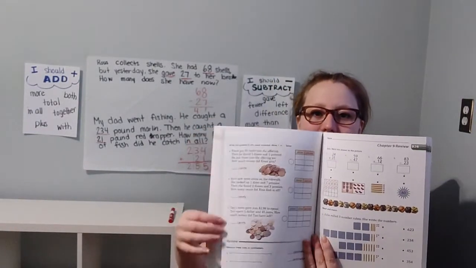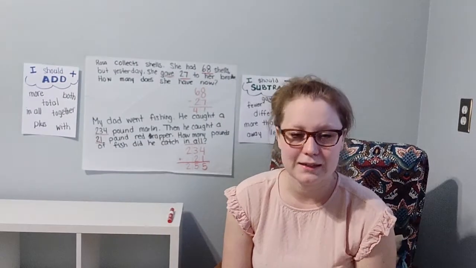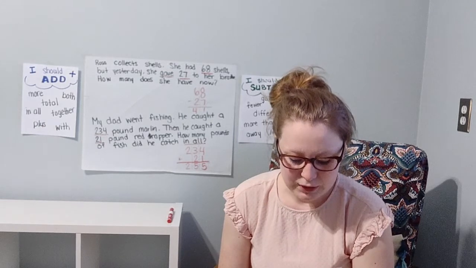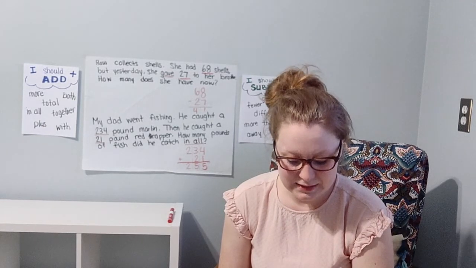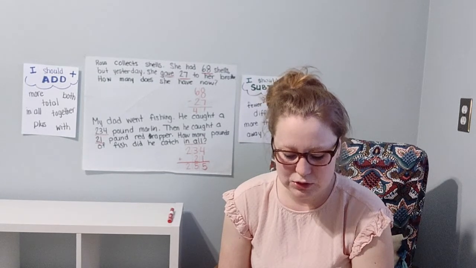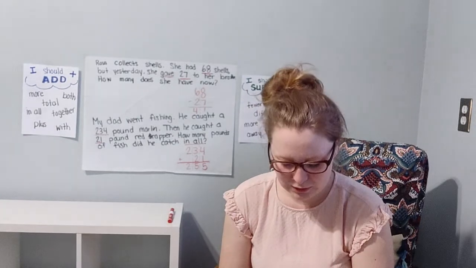On the next page, you have a couple more of the exact same type of questions, and I'll read them to you again. It says, Emmett put 65 cents into the offering. Then he found 3 dimes and 2 pennies. He put those into the offering too.